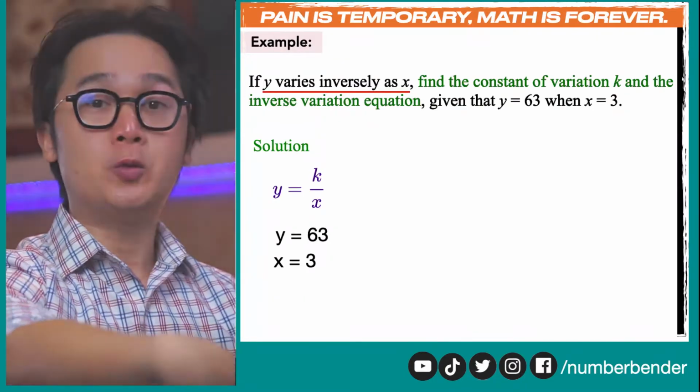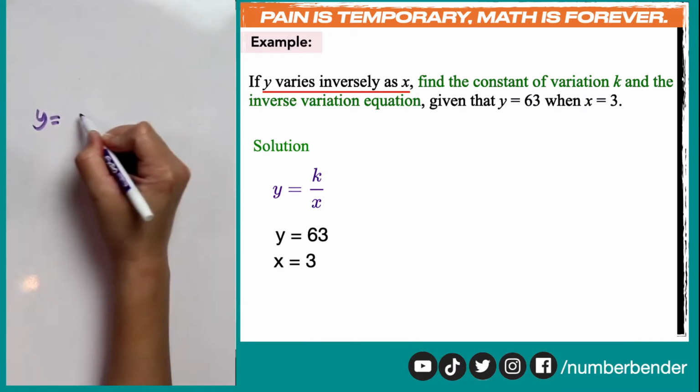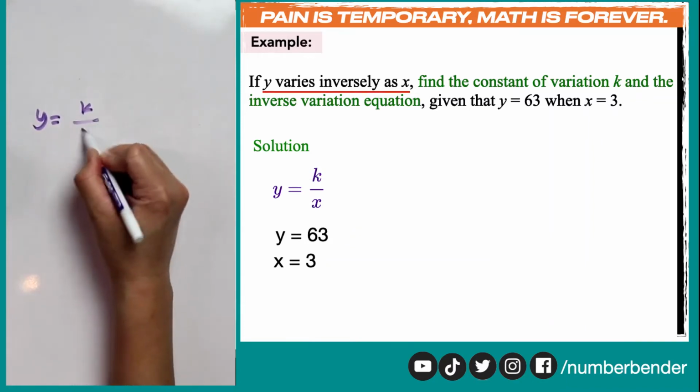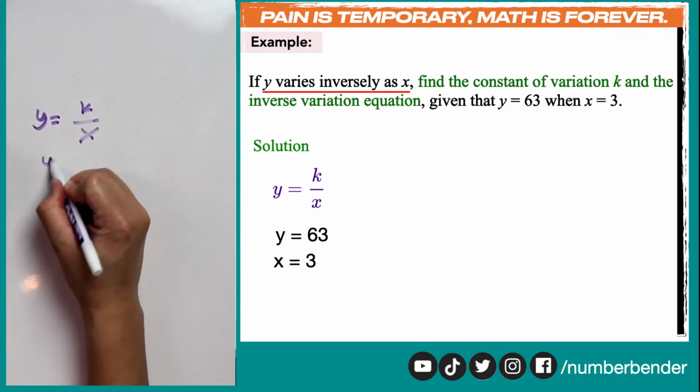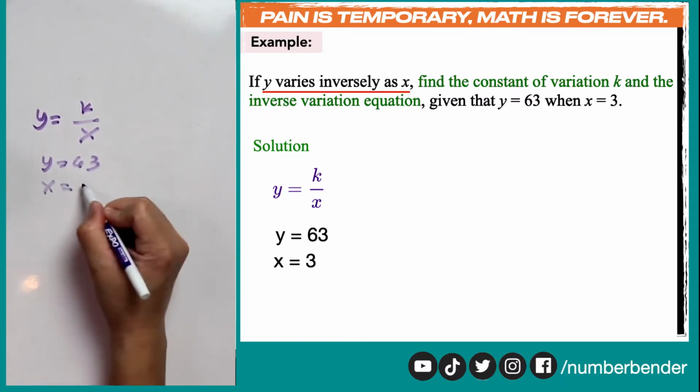What we're going to do is use the formula y is equal to k all over x, where y is 63 and x is 3.